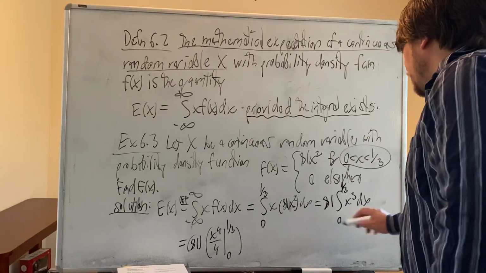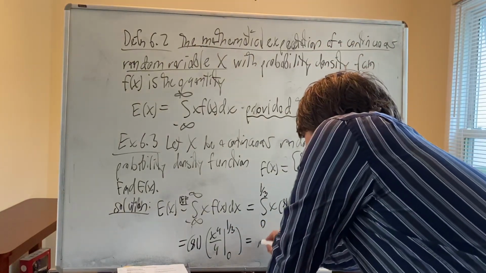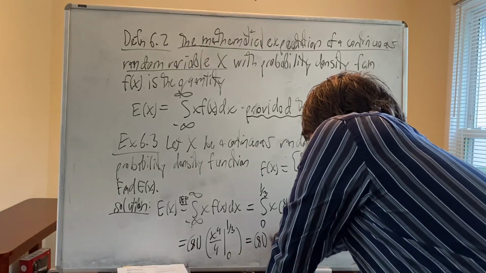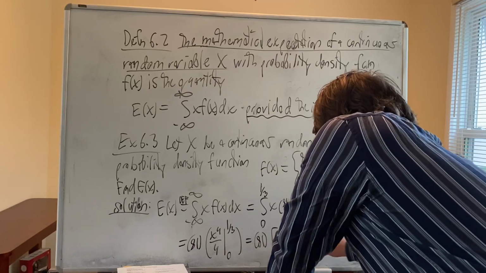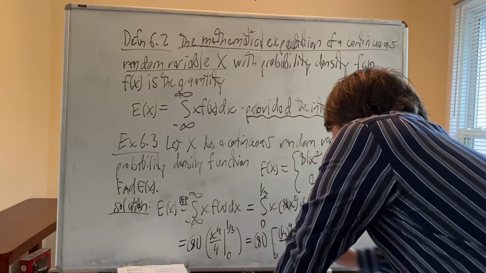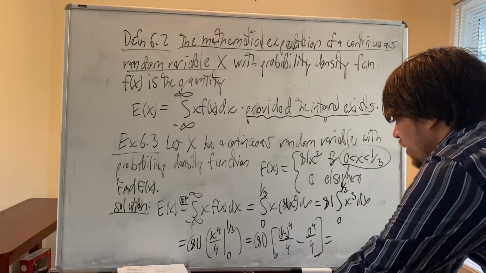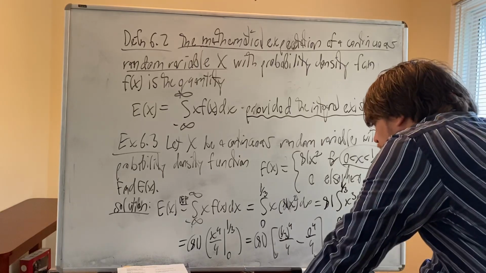That's 81 times, plugging 1/3 in, you get 1/3 to the 4th power divided by 4, minus plugging in 0, 0 to the 4th over 4. And 1/3 to the 4th power is 1 over 81, divided by 4, which is 1 over 324.